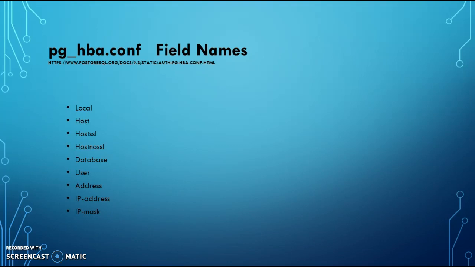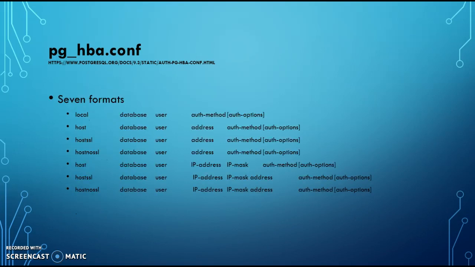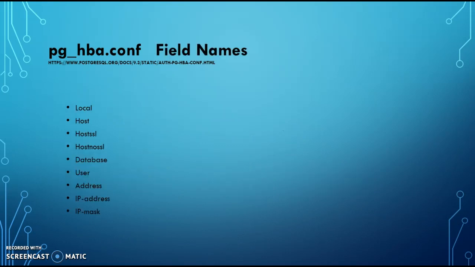Now, earlier on, for example, you saw local and host. Well, these are the field names. So that first field in these records can be local, host. Bullet points 1, 2, 3, 4 represent some of those operations.